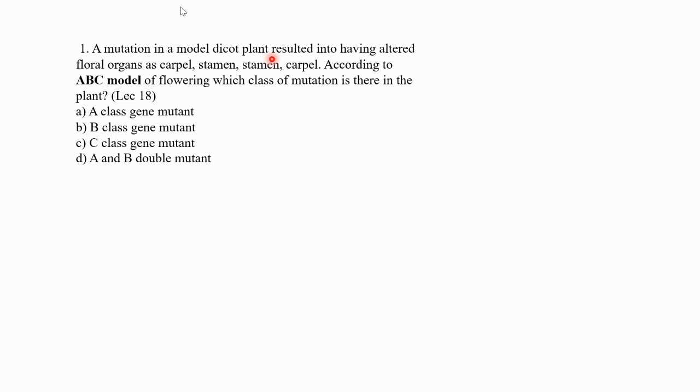Let's see what the question is. As you can see in the bold letters, it is about the ABC model. To answer this question, you need prior knowledge of what the ABC model is, so let's first see what it is, and then we'll come back and try to answer this question.